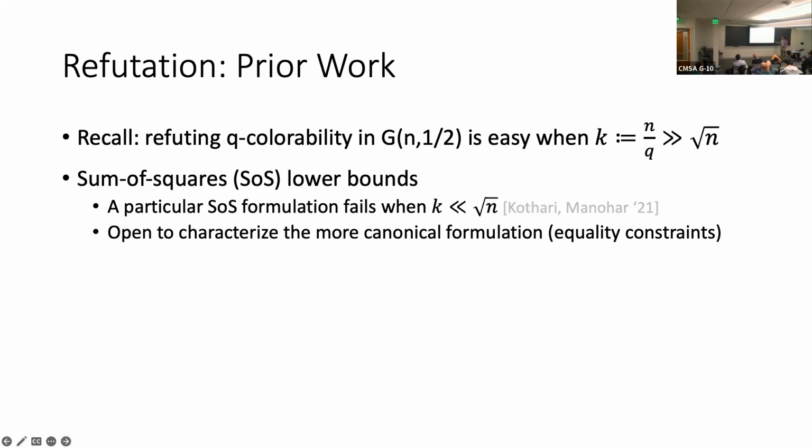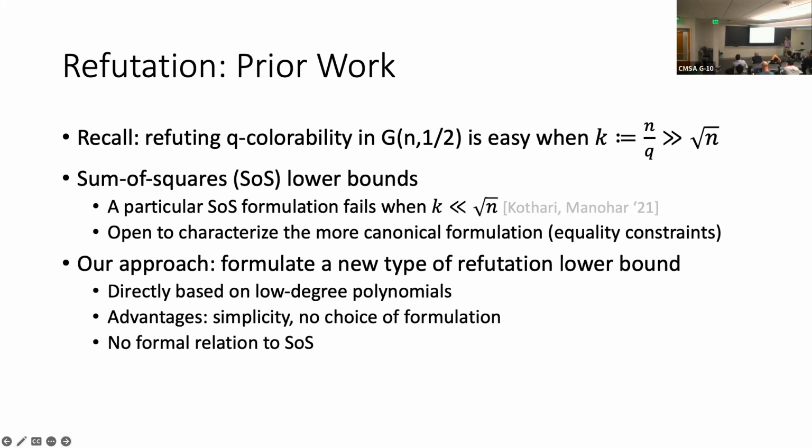This is a little bit unsatisfying because it's not the most canonical SOS formulation. It's still open to characterize the more canonical one, which is potentially stronger, which has equality constraints instead of inequality constraints. The details of this are not really important to the rest of the talk. But Pravesh Kothari is one of my co-authors here, and this was why he originally posed some of these questions, because these existing SOS results are not entirely satisfying in some ways.